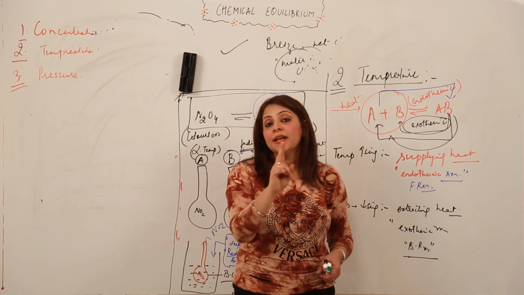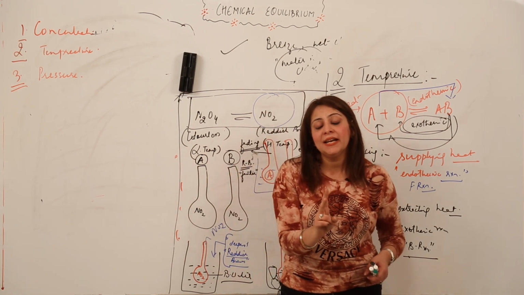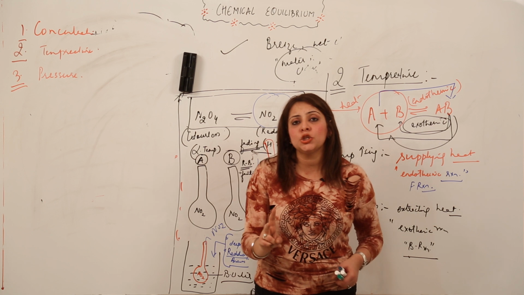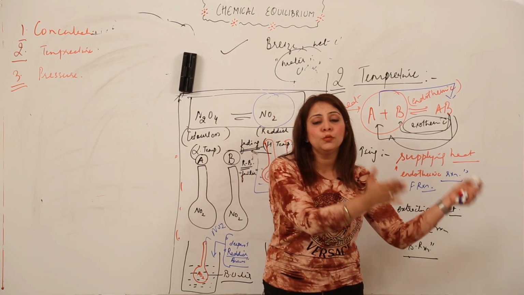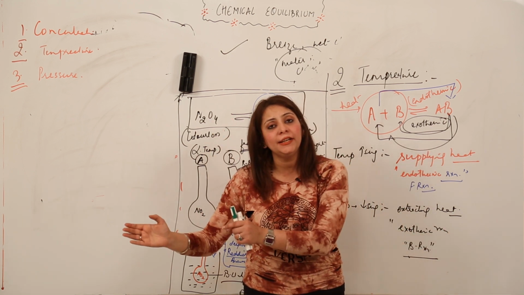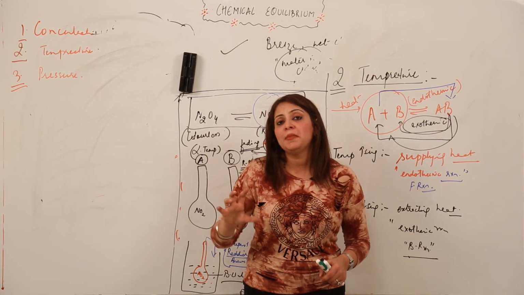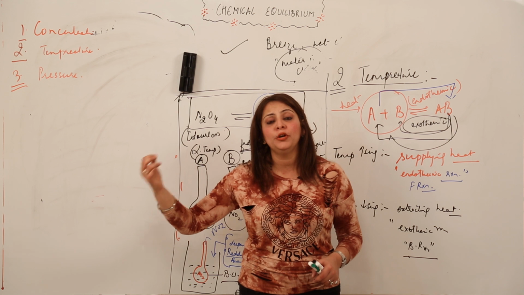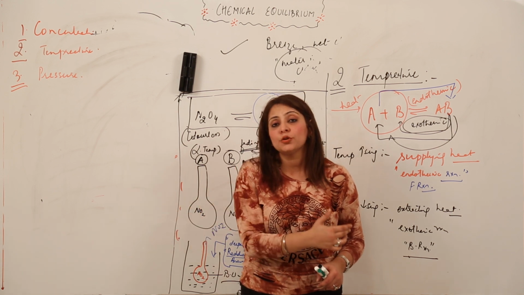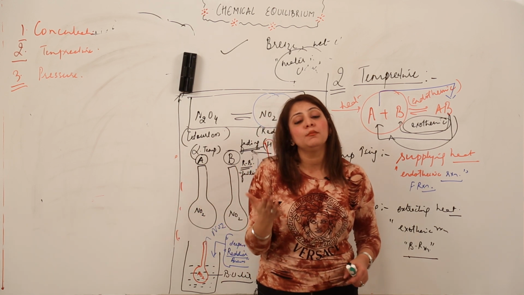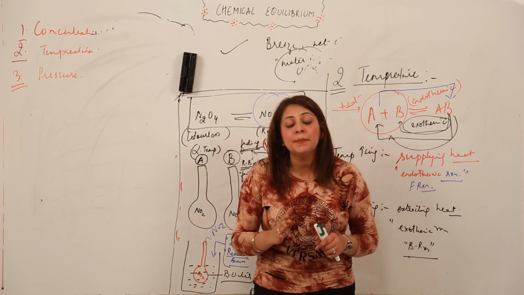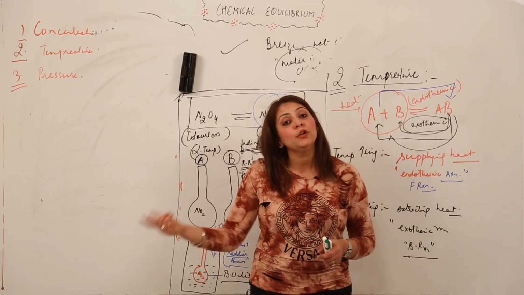And what is the second factor? The second factor is that if in some condition the gaseous moles of the reactant and the product are equal, then delta N is 0, because delta N we calculate by subtracting the moles of reactant from the moles of product. If the moles of product and reactant are the same, delta N is again going to be 0.